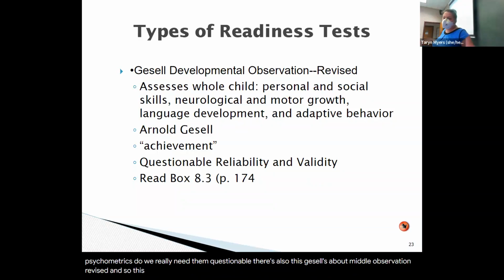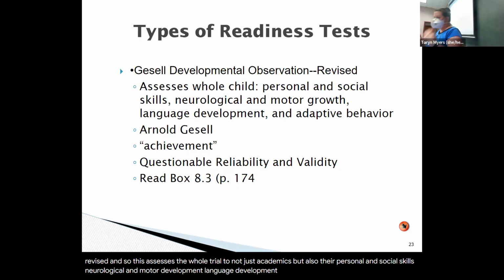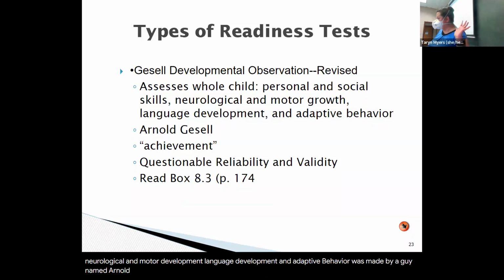There's also this Gesell developmental observation revised. And so this assesses the whole child, so not just academics, but also their personal and social skills, neurological and motor development, language development, and adaptive behavior. This was made by a guy named Arnold Gesell, shockingly. And he spent years examining the normal development of children.